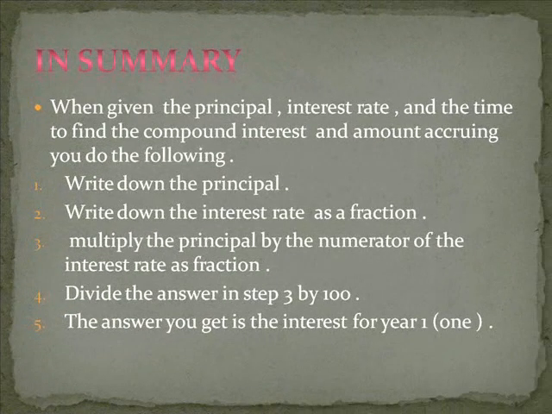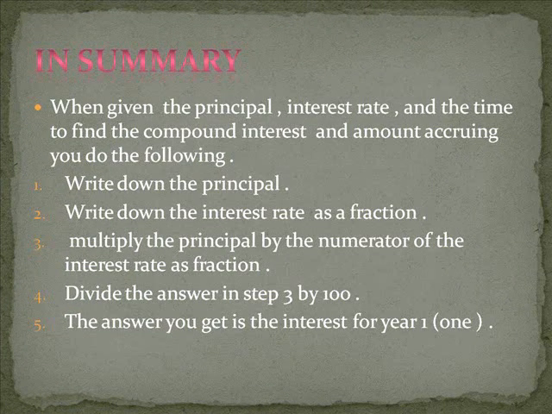Okay, now we're at in summary. When given the principal, interest rate, and the time to find the compound interest and amount accruing, you do the following. Number 1, write down the principal. Number 2, write down the interest rate as a fraction.